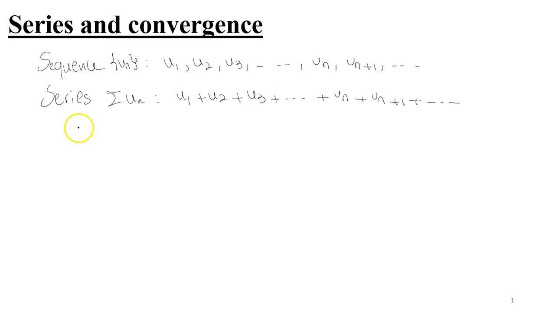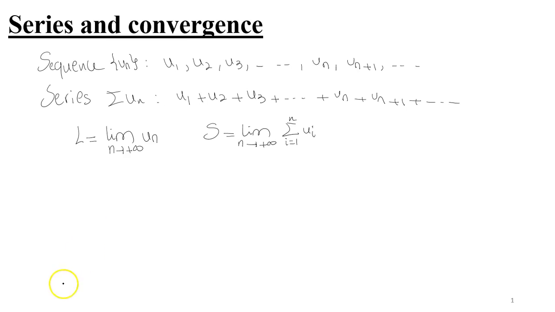If I define as L the limit, when n approaches positive infinity, of un, this is the limit of the sequence, because it's the limit of the general term as n approaches positive infinity. Let's call S the limit of the series, the sum from i equals 1 to n of ui. So this is the sum of the series.